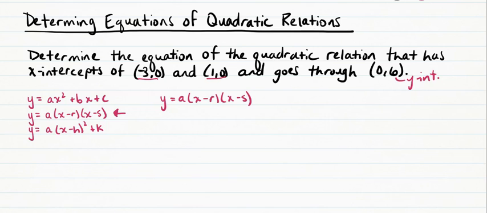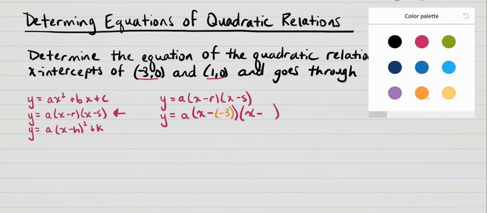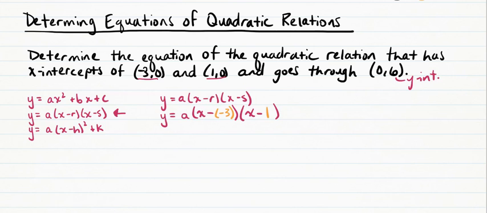The first x-intercept is -3, so I'm going to substitute that in for r: x minus -3. And in the second bracket we substitute the other x-intercept, which is 1: x minus 1. That's the first step, where we substitute in the x-intercept values.